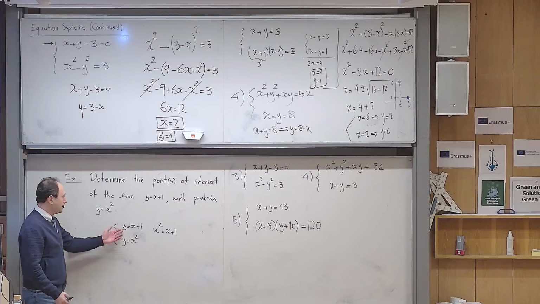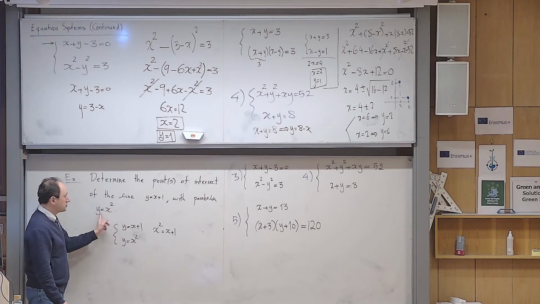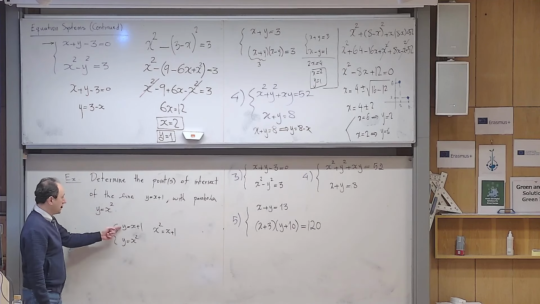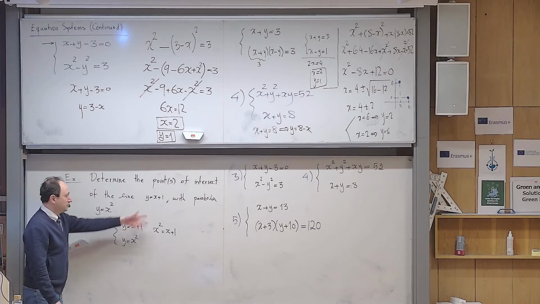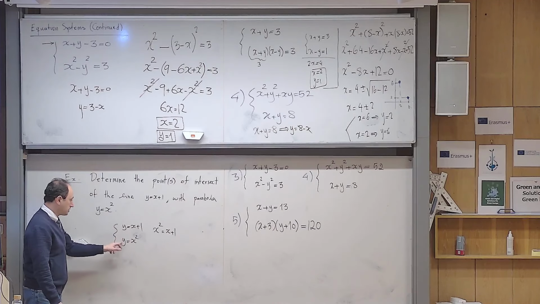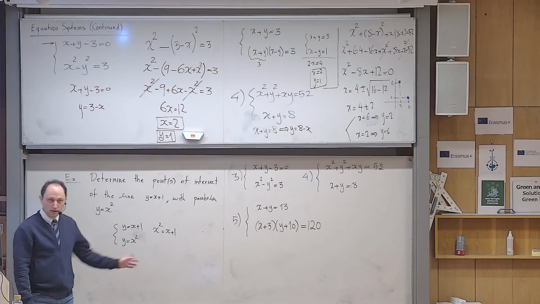My goal is to eliminate one of the variables, but in these kinds of problems, both of them are functions, and when you draw a function, y is on one side, everything else is on the other side, so you will have y and y. So why should I bother to eliminate the other variable? I just put y equal, because this is supposed to be y, this is also supposed to be y. So this means that this expression and that expression are equal, and then I solve it.